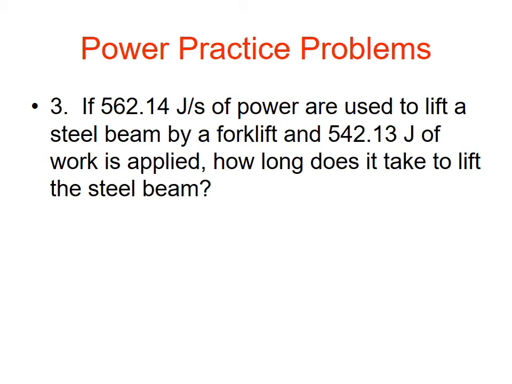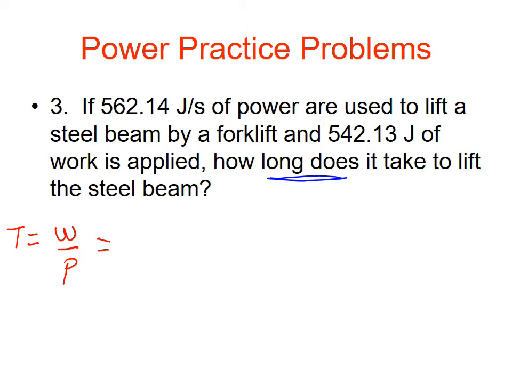And my last practice problem, it says here if you have 562.14 joules per second of power, and they're used to lift a steel beam by a forklift, 542.13 joules of work is applied. How long does it take to lift the steel beam? So what we're looking at here is time. So that would be equal to work divided by power.